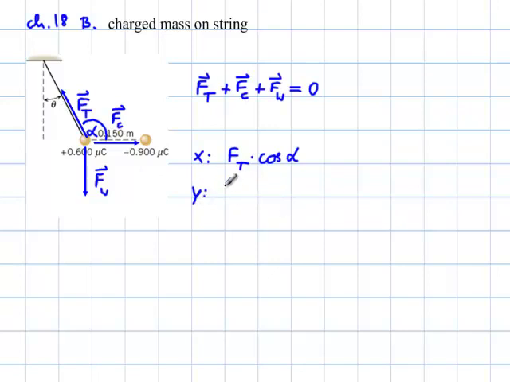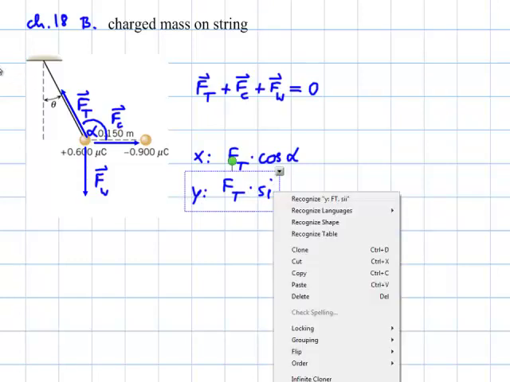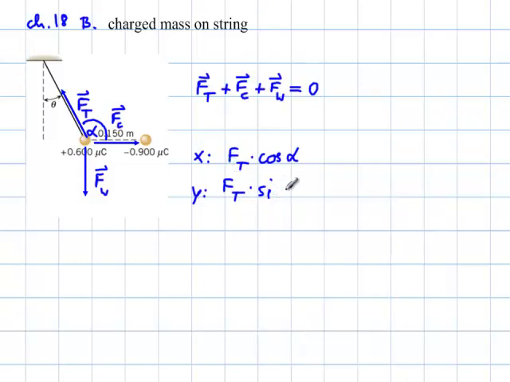In the vertical, we have a tension of Ft times sine alpha, and again, that's the reason why I use that. Somehow I still have to figure out my tablet.